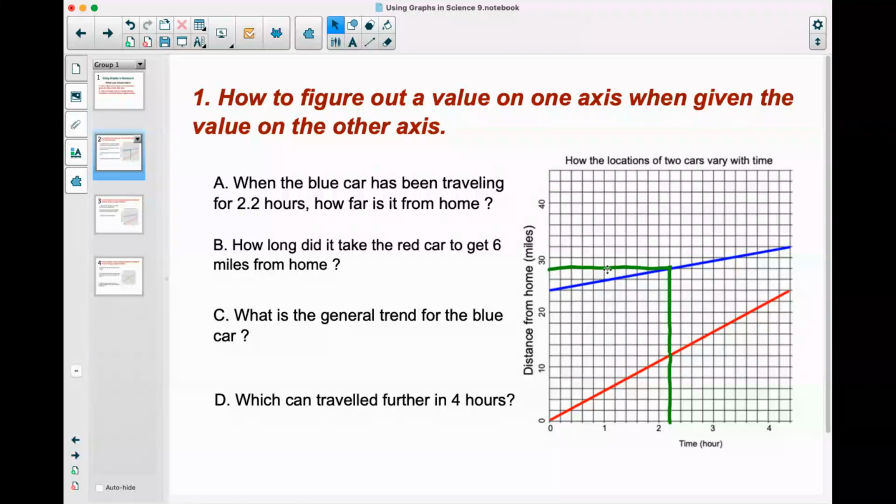It might be clearer to see if I shrink the thickness of the lines a little bit. And so the answer here then will be 28 miles.